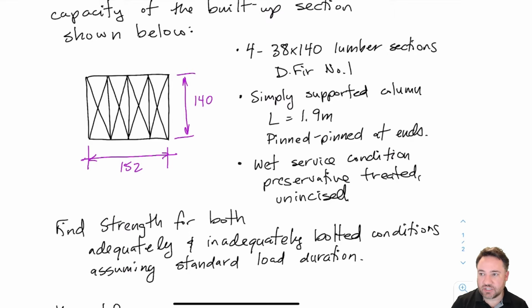It does not change the calculation for service condition, because since this is not actually a solid member, water can get in between the different plies much more easily than it could get into the center of a solid member. So I think the correct approach here is to consider KSC for each individual ply, not for the whole built-up section. Of course, we're doing both calculations here, but this isn't going to change.